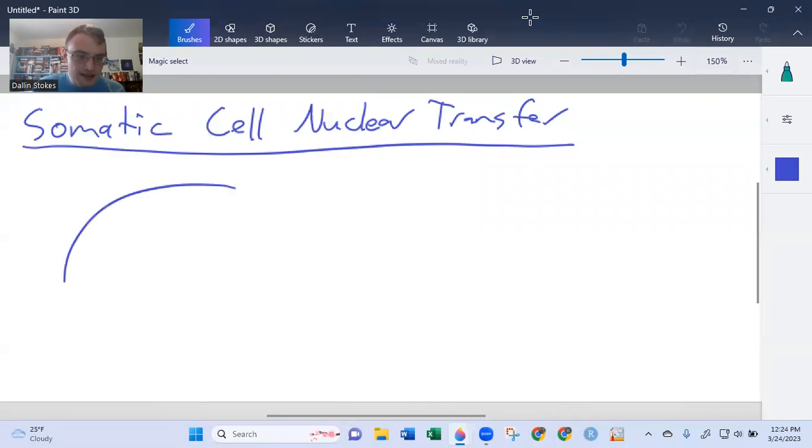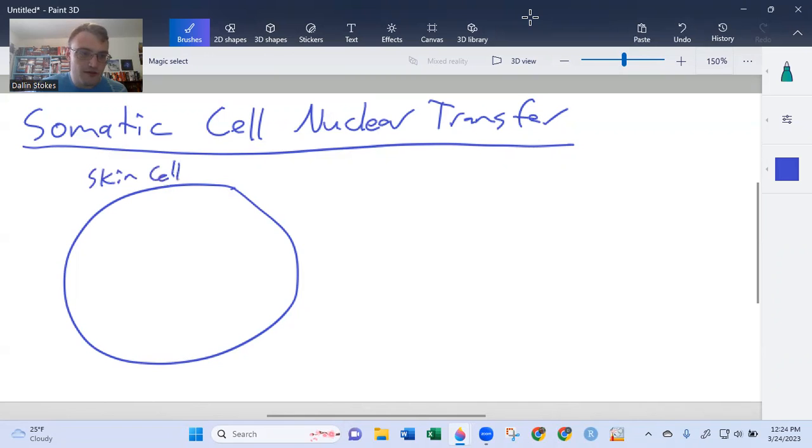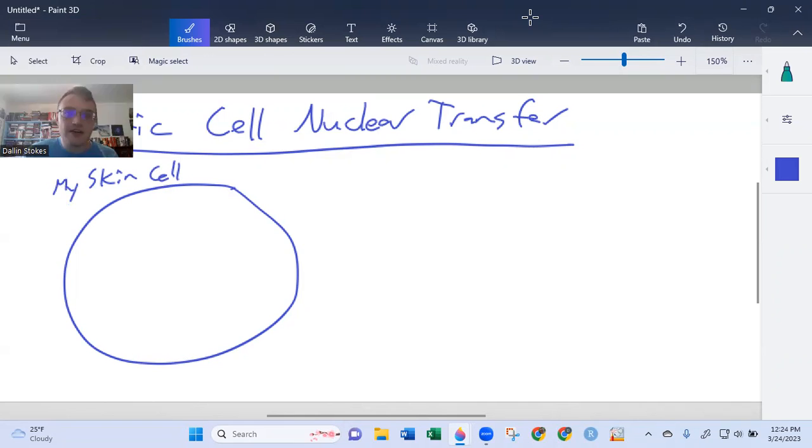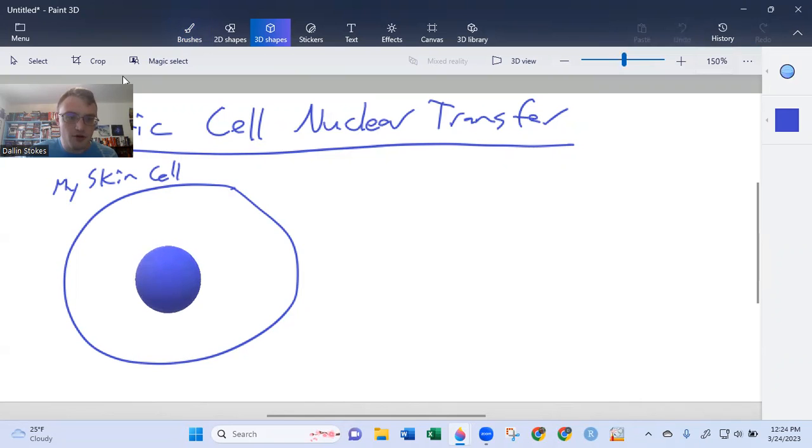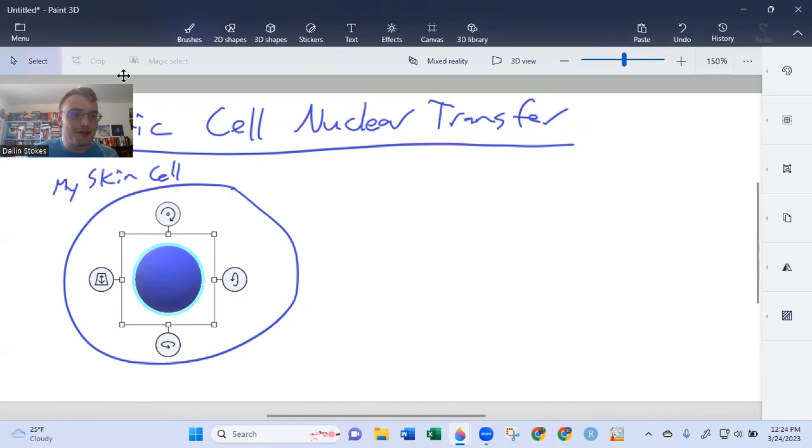So let's say this little circle here represents one of my skin cells, right? So here's my skin cell, okay? This skin cell is going to have a nucleus in it. I'm going to put a little sphere in here. And if you remember, the nucleus of a cell holds all of its DNA.